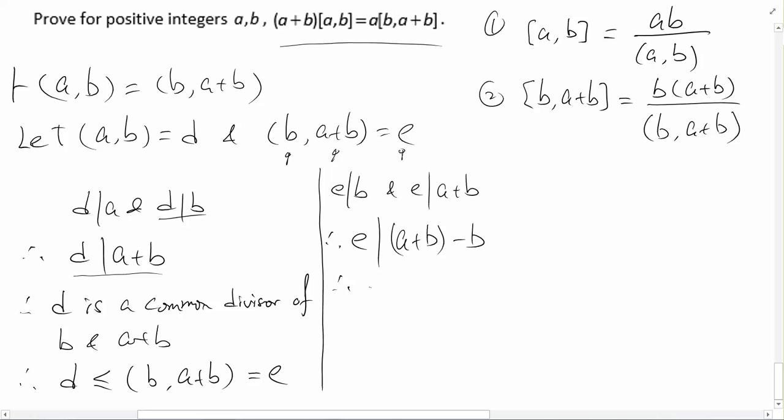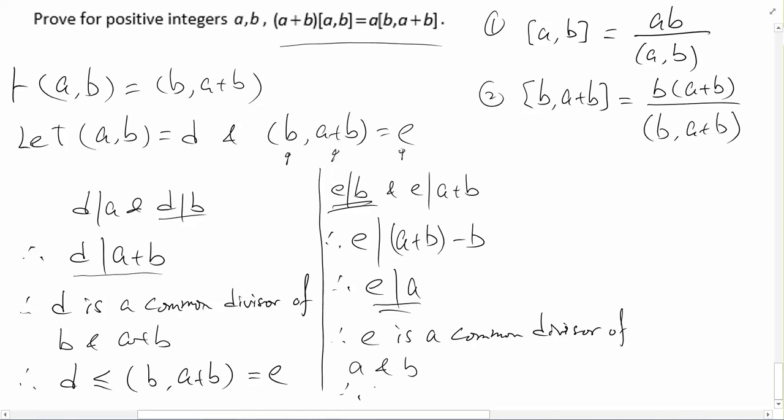Therefore, e divides a plus b minus b, which is a. And so we have e divides b, and also e divides a. Therefore, e is a common divisor of a and b, and therefore e is less than or equal to the greatest common divisor of a and b, and this is d.